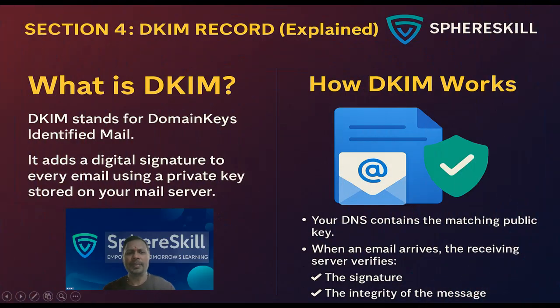The next step is DKIM, the unforgeable seal of authenticity. SPF answers who is allowed to send, while DKIM answers whether the message was altered, because it digitally signs the email. DKIM cryptographically signs every email. If even one character changes during transit, the signature will fail. This is how email providers detect tampering or spoofing of emails.